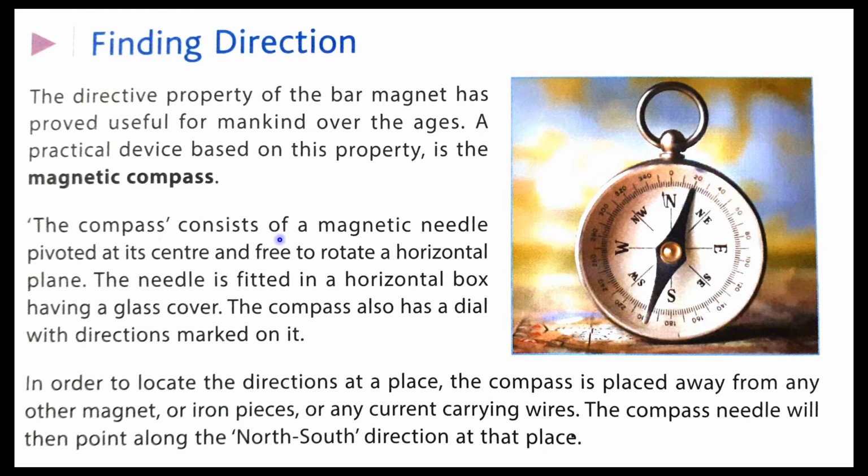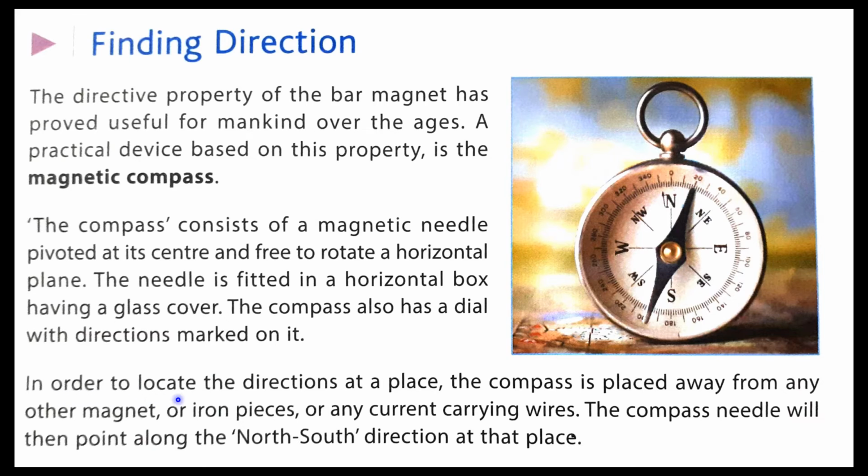The compass consists of a magnetic needle pivoted at its center and free to rotate in a horizontal plane. The needle is fitted in a horizontal box having a glass cover. The compass also has a dial with directions marked on it.